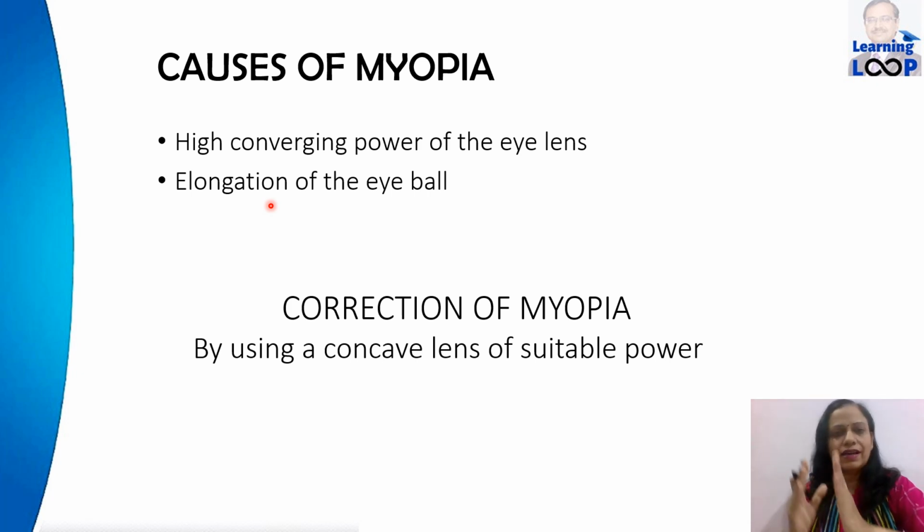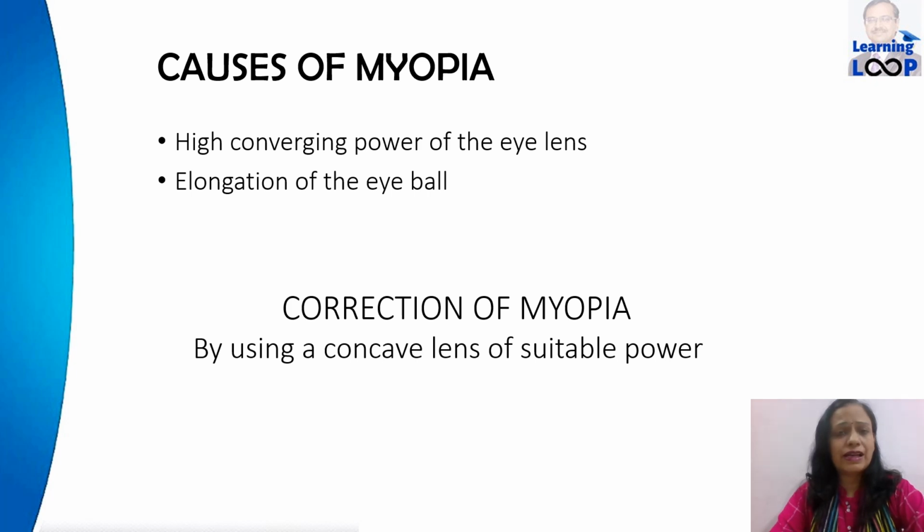So though the rays are converging at the normal position, it's the retina that has shifted back, due to which the image is coming in front of it. So these are two possible causes of myopia. And we have already discussed the correction. We can correct myopia by using a concave lens of a suitable power. So this was all you need to know about myopia.